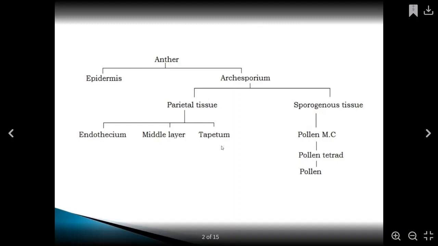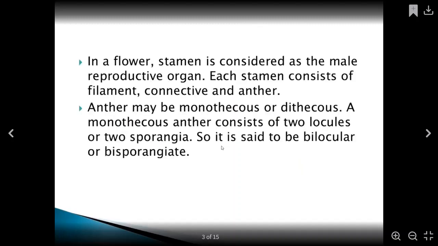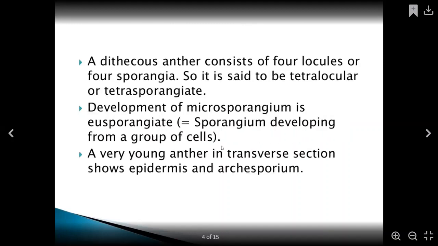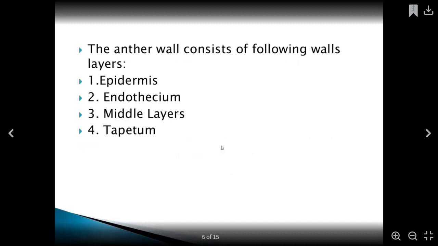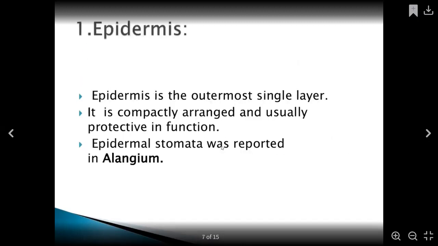In the flower, the stamen is considered the male reproductive organ. It consists of filament, connective and anther, dithecous anther and monothecous anther. The archesporial cell divides periclinally into the epidermis, endothecium, middle layer and tapetum.